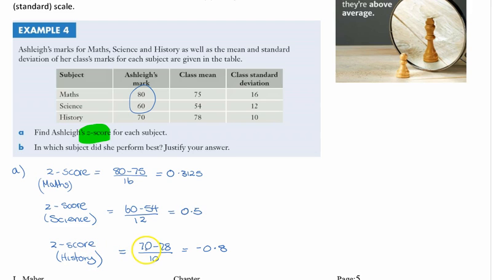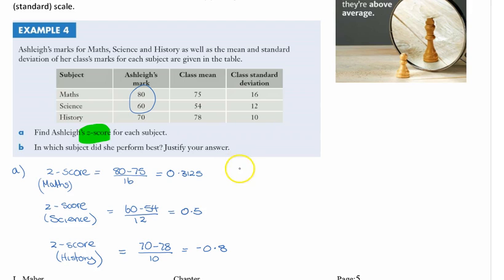In history, her score was 70, she's below the mean of 78. We're expecting a negative score, and if you do 70, subtract something bigger, you're going to get a negative number, divide it by 10, and you get negative 0.8. So we're expecting that, and we know that she's below average in history.